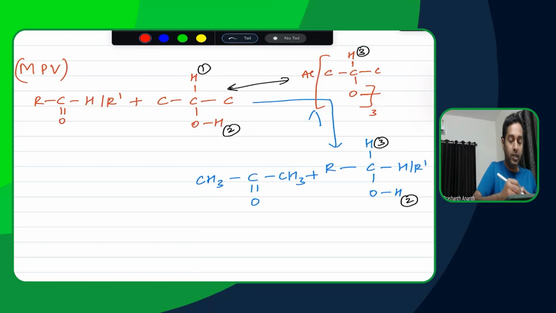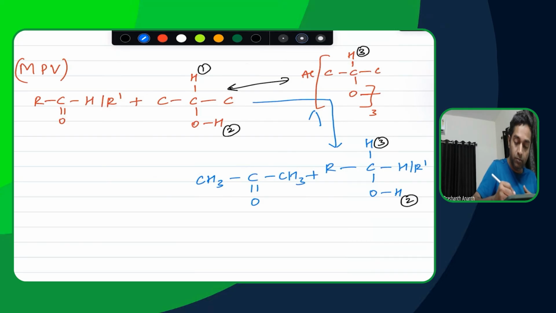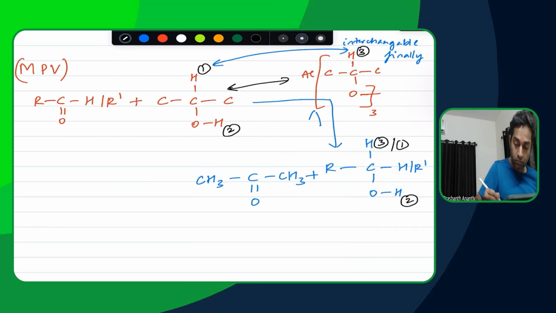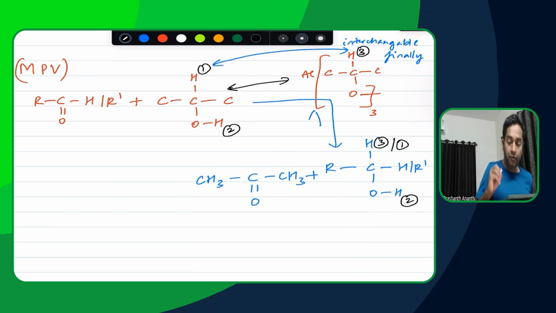So technically, 3 and 1 become interchangeable eventually. When they interchange, then this can become 1. You understand the idea here? First, this one will be only 3.